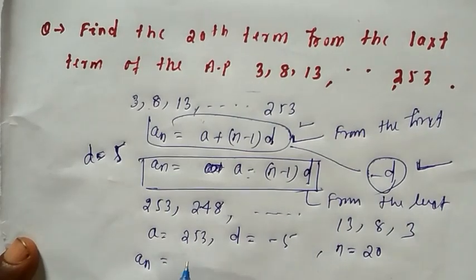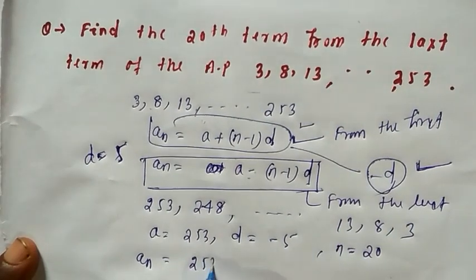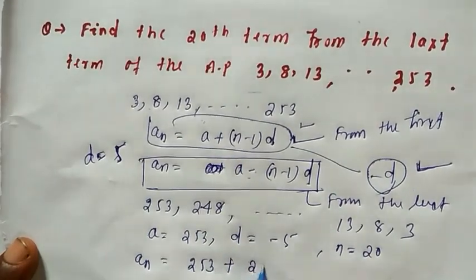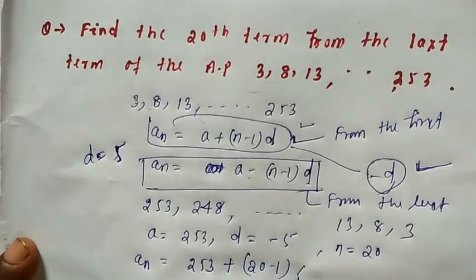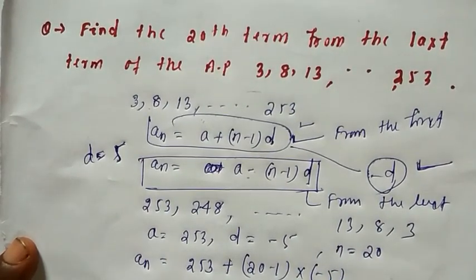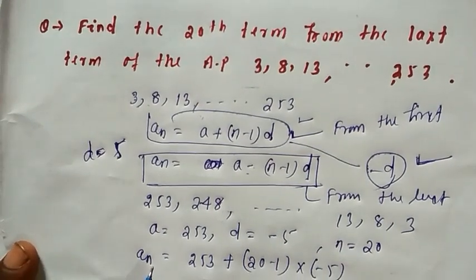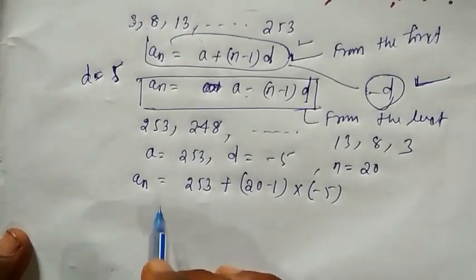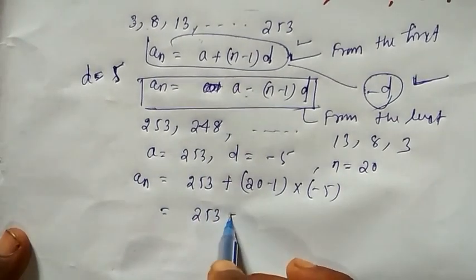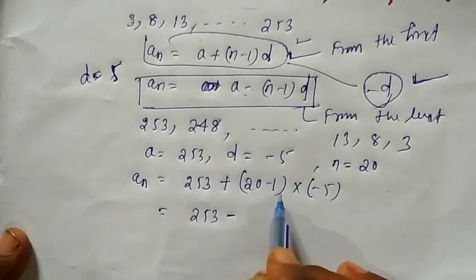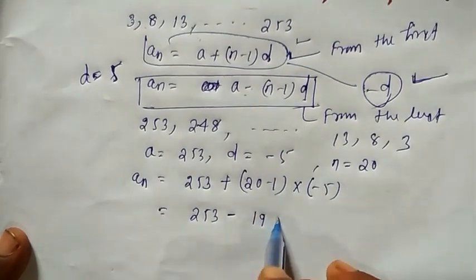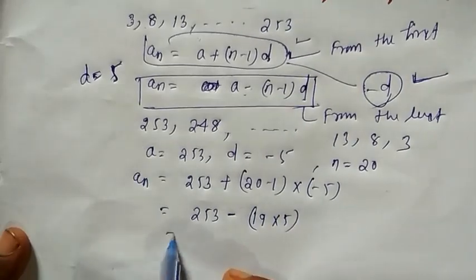That means here it will be 253 plus, n is 20, 20 minus 1 into minus 5. Then how much will we get here? 253 minus 19 fives. Here 19 and here 5.